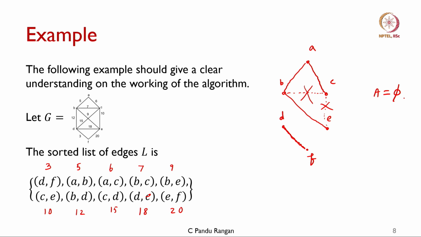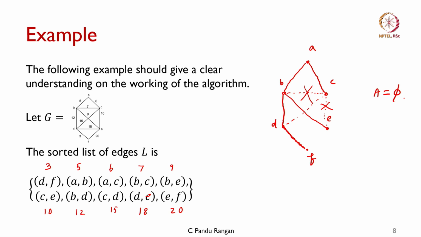So, let me move D little bit to the left and right here D, BD I can include. What about CD? Now CD should also be ignored because CD is closing CDBAC, that cycle is formed, therefore that should also be ignored.